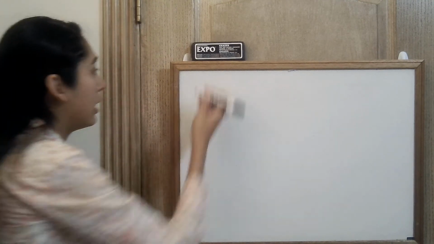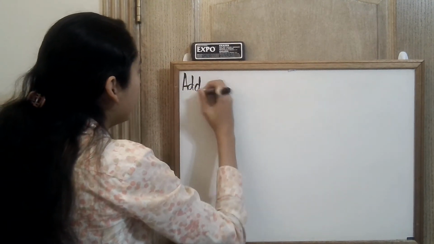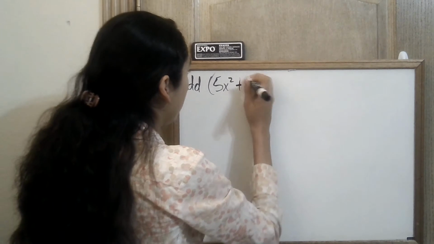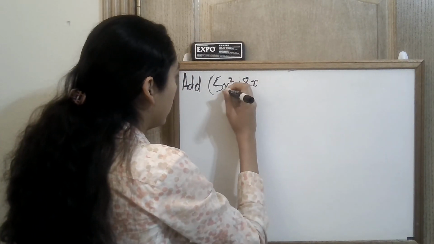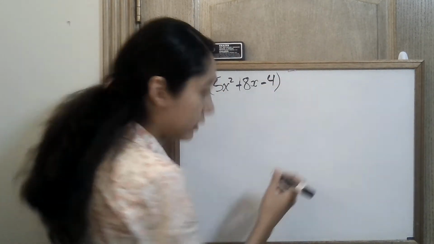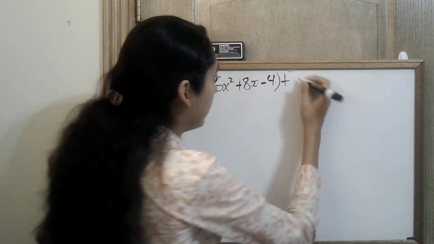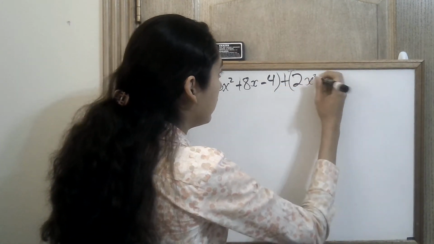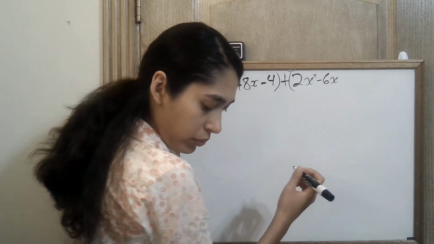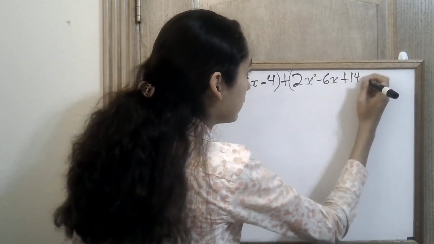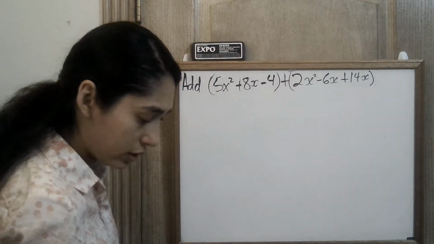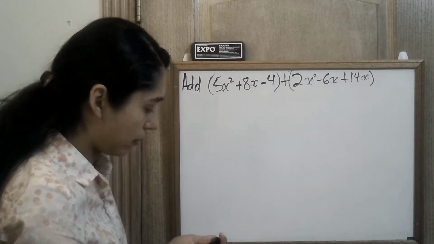A question that tells us: add 5x squared plus 8x to yet another polynomial, which is going to be 2x squared minus 6x plus 14x. Yes, I do mean 14x, not 14. Plus 14x.